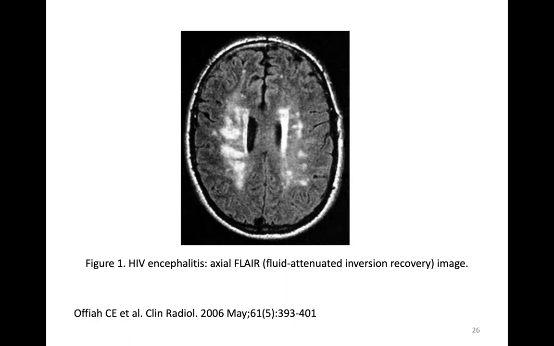Yes, I was saying HIV itself can cause an encephalitis, but there are other viruses as well: CMV, HSV, herpes simplex virus, and cytomegalovirus, which can also cause an encephalitis. I wanted you to share your experience. Yes, thanks.